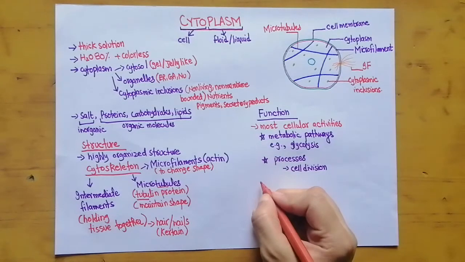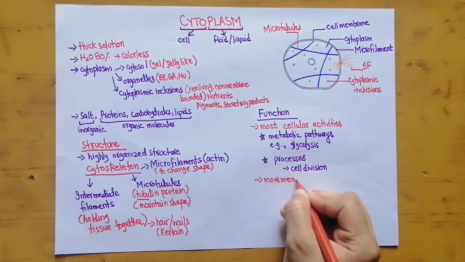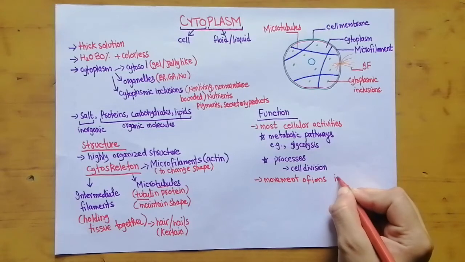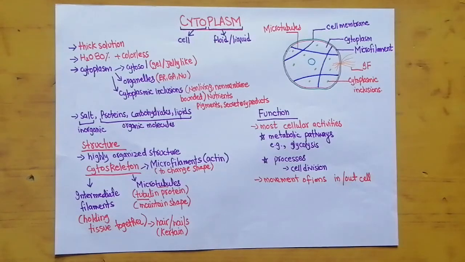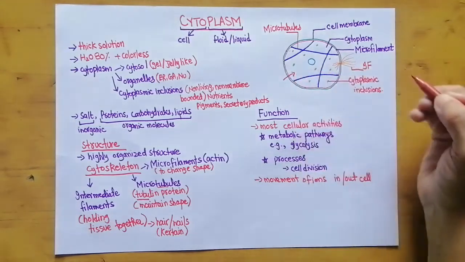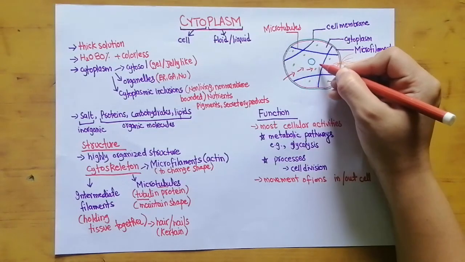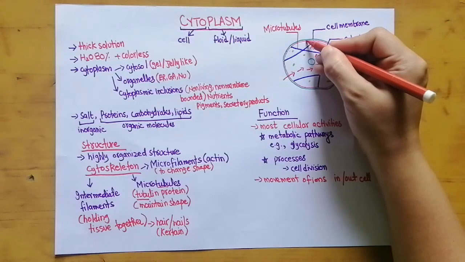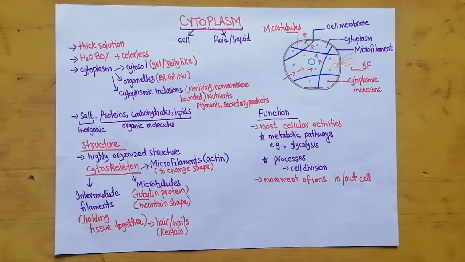The other function of cytoplasm is movement of ions in or out of the cell. The cytoplasm allows the molecules to come inside, and then the molecules move from one part to another part of the cell in the cytoplasm, and they may get out of the cell.